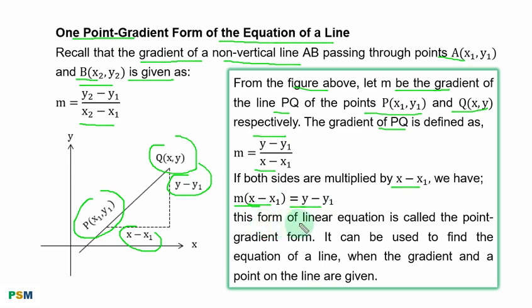This form of linear equation is called the point gradient form. You have one point, (x1, y1), and the gradient m. It can be used to find the equation of a line when the gradient and a point on the line are given.